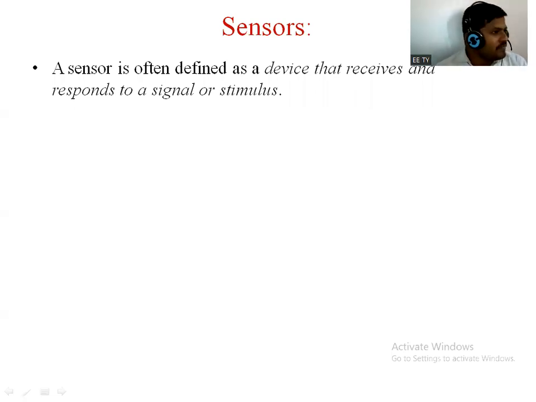It may be an analog signal. A sensor is a device that receives a signal and gives a response to that signal. It is one type of definition of sensor: it is the device that receives a signal and responds to that signal. So instead of calling it a signal, in this course we are calling it a stimulus.